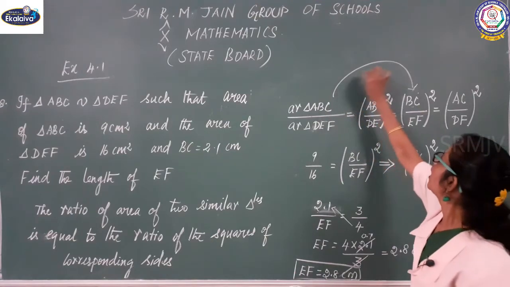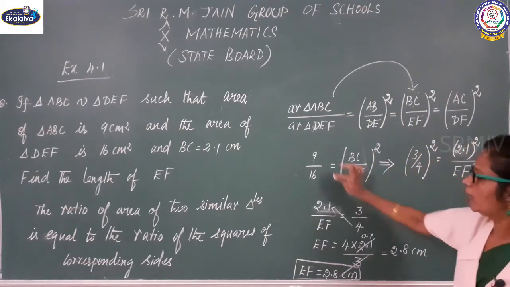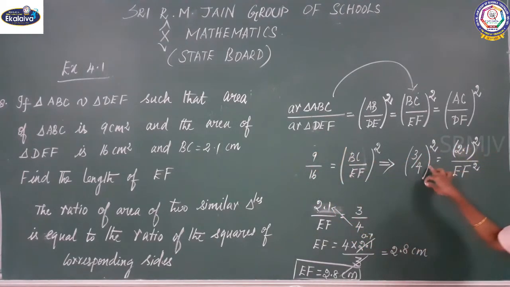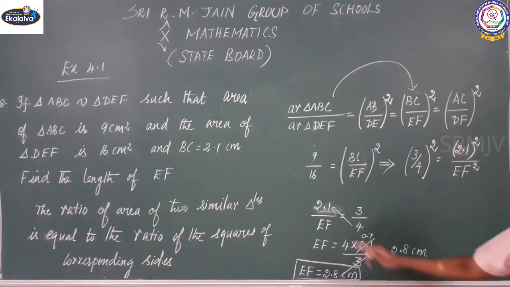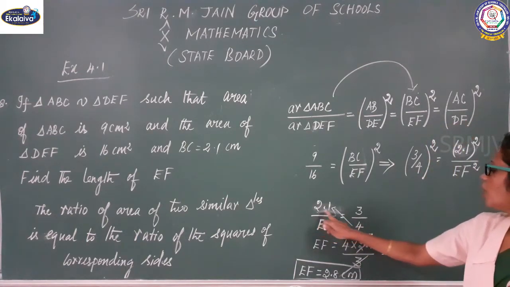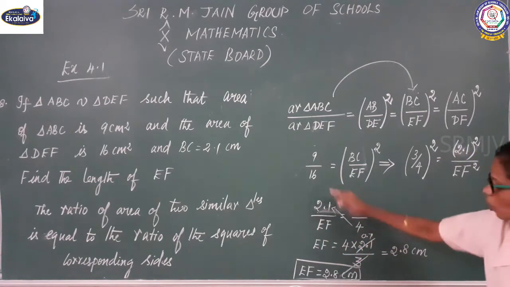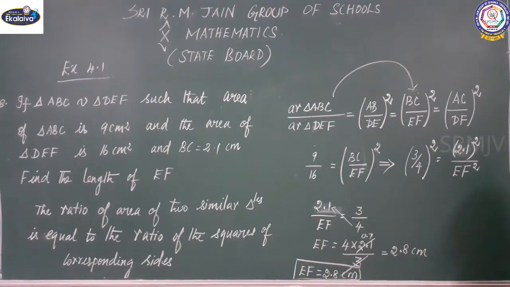That's why you are comparing these two. BC divided by EF the whole square. Here also I am going to change the format in terms of square. If both the sides are squares you can cancel, then you can write it as 2.1 divided by EF equal to 3 by 4. You cross multiply, you will arrive at the result: EF is 2.8 centimeter.